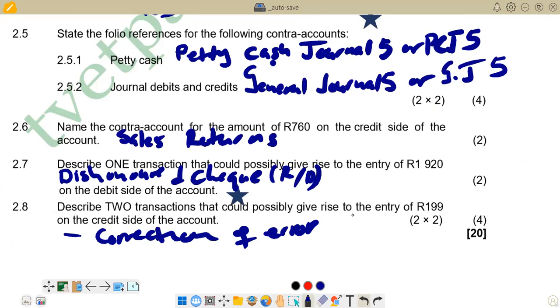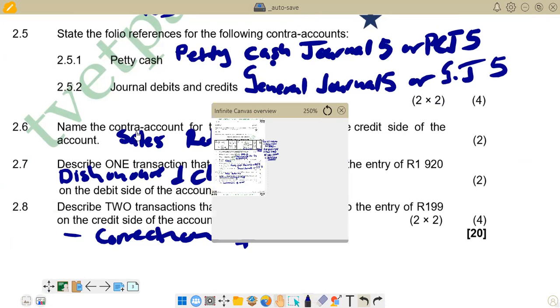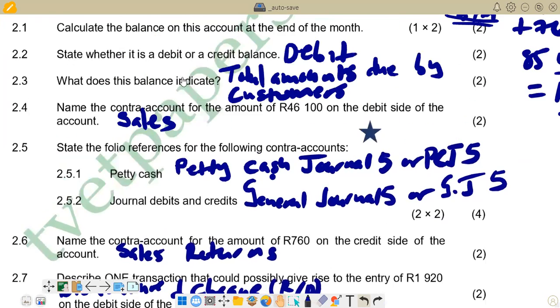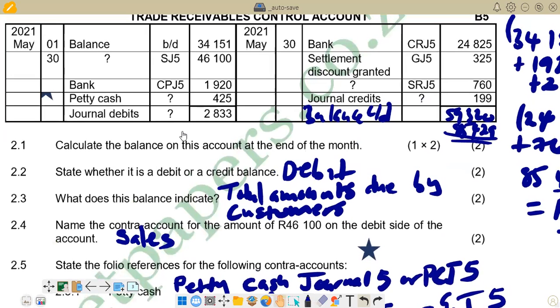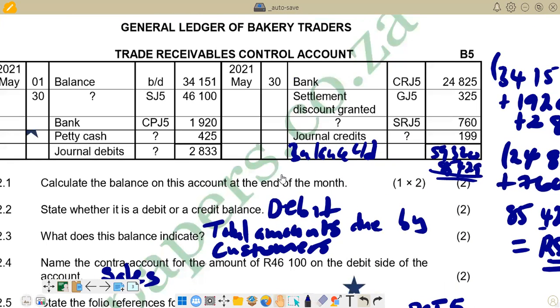Then also, for example, if we are buying goods from someone, and we are also selling goods to that person, we can have this journal entry taking place. We are selling someone goods, and then we are also buying goods from that person. So we owe each other some amounts. It means we are settling the balance between the two parties.